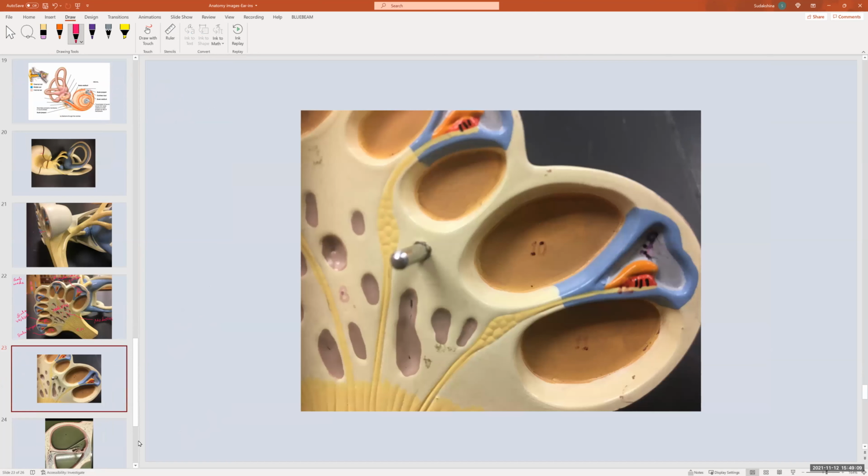Okay, next one, we are focusing on again modiolus, scala vestibuli, scala tympani, scala media. This has endolymph. These 2 have perilymph. Notice that the scala media has a structure within it. This structure is what we refer to as the organ of Corti.